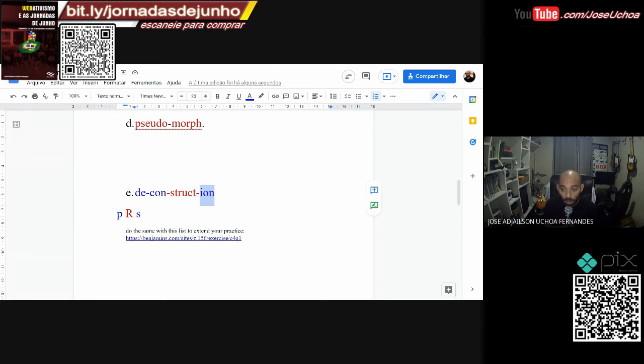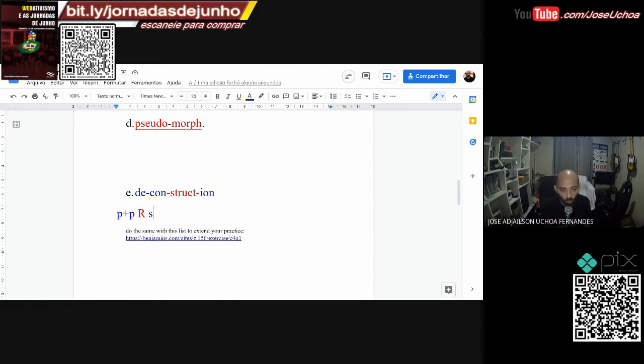Sometimes we have a morpheme called tion, but in this case, because the T belongs here, I do not have to repeat it here. So ion and tion are allomorphs, okay? And what I have here, in fact, is a prefix plus another prefix plus a root and a suffix.